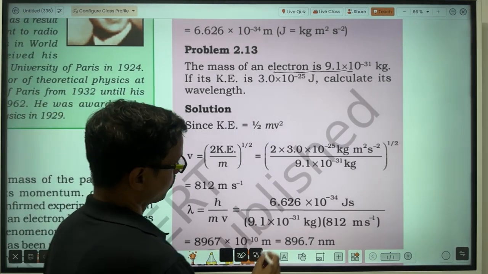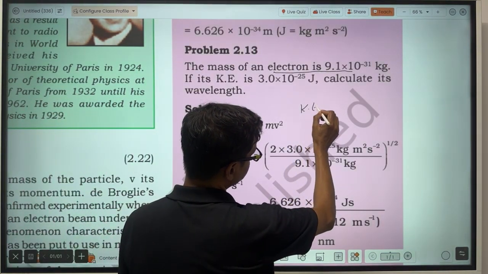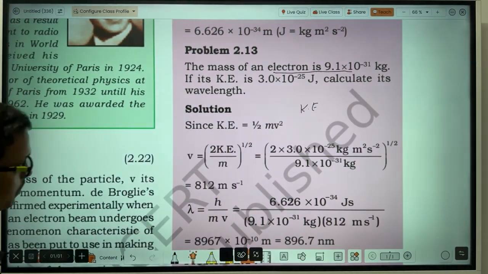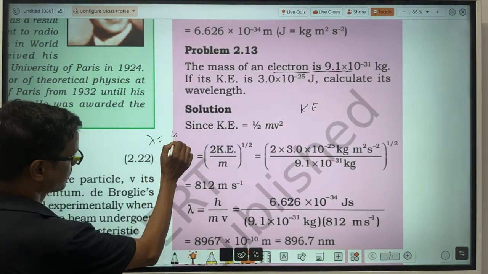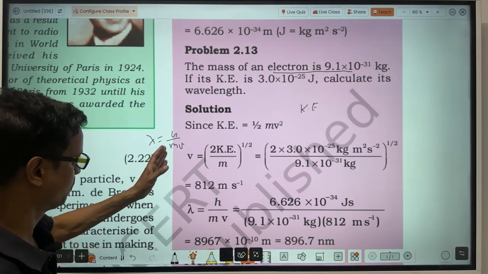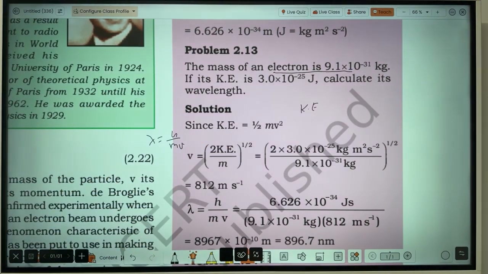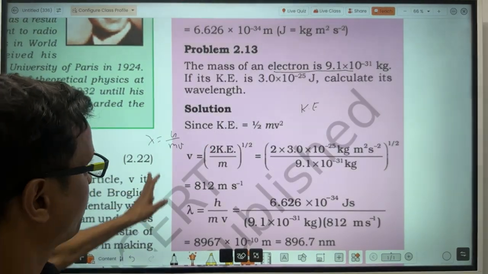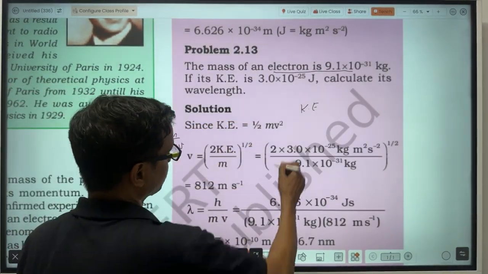Kinetic energy you know already. So what is the relationship between kinetic energy and momentum here? Because we know lambda equals h upon mv, and here kinetic energy is given, so first you have to find the momentum.